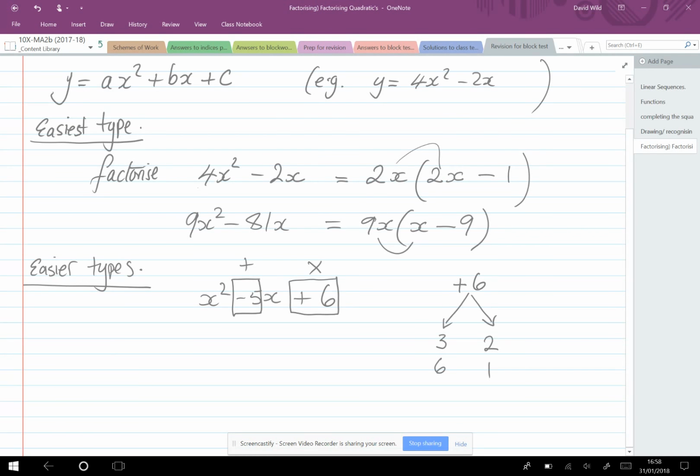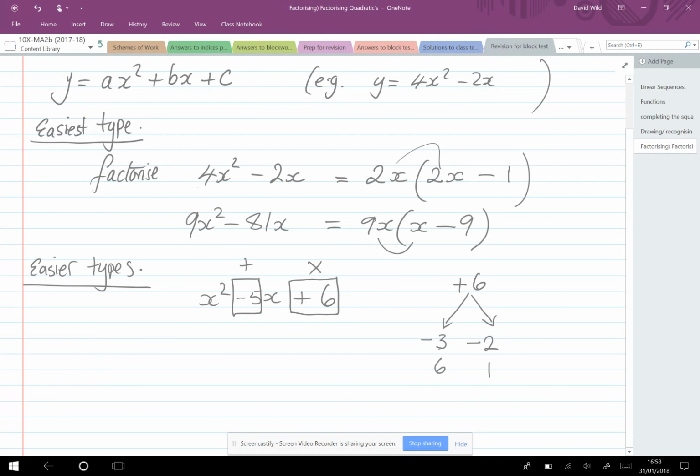But we need to combine them together so that they multiply together to give plus 6. Positive 3 times positive 2 does indeed give plus 6, so that might work. But they need to add together to give minus 5. So how could I make minus 5 out of this? Well, I could do minus 3 minus 2.